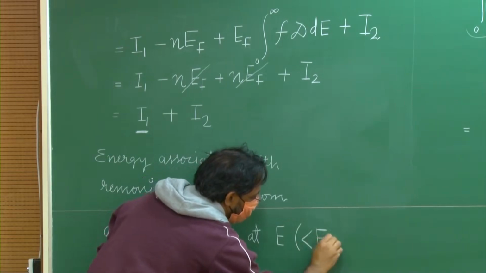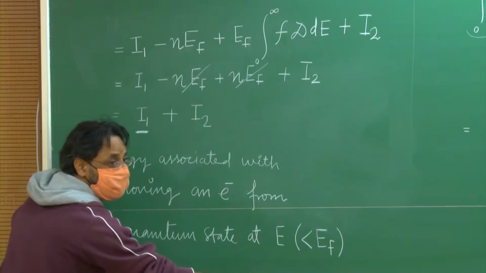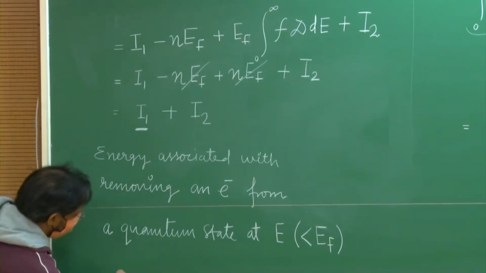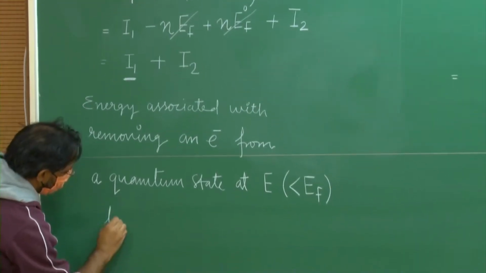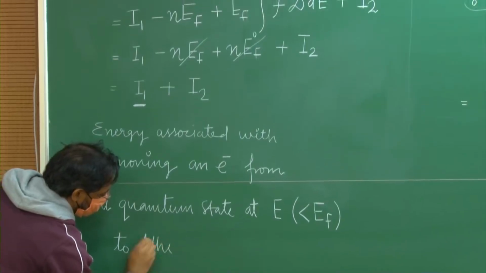That means the quantum state is inside the Fermi sphere, and bringing that electron onto the Fermi surface, right? To the quantum state at EF.